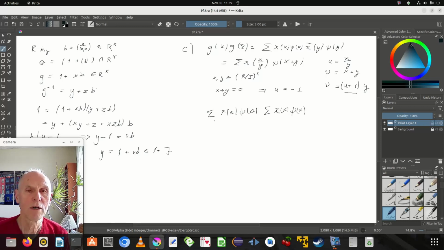And then we use the result of the problem. Oh, I just made a mistake. It must be the conjugate. And then we use part B, that this means we can sum over a times x instead. And the two psi's, they are additive.